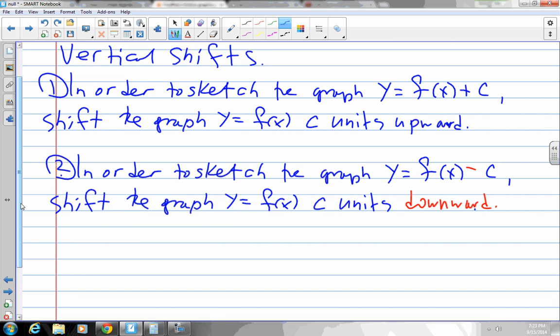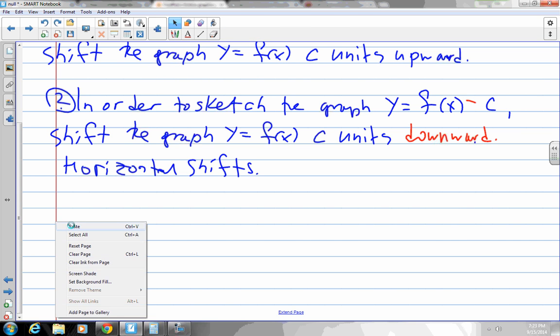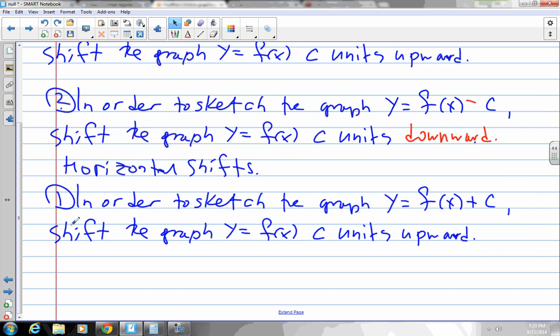So the next group of transformations are horizontal shifts. So again, I'm just going to copy the thing I wrote before, and I'm going to show you what I'm changing in there. And we'll discuss it.